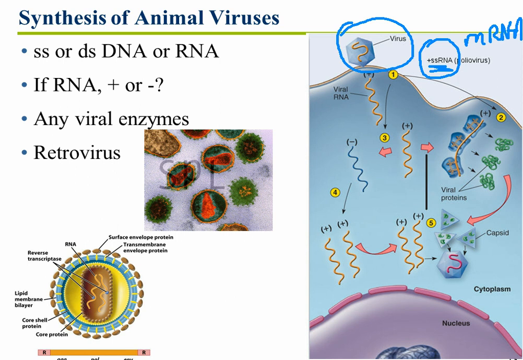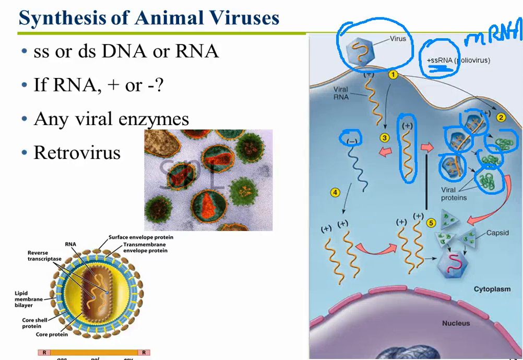So here is the viral genome that came in. Again, it's a plus strand, meaning mRNA. This mRNA now can be read by ribosomes, right here, for the production of viral proteins. In addition, this mRNA is going to be the template to make minus RNA, which is the complementary strand of RNA.